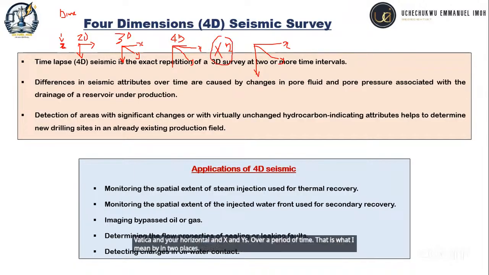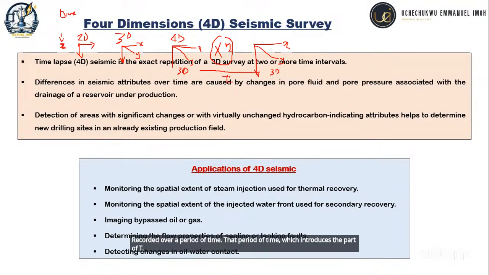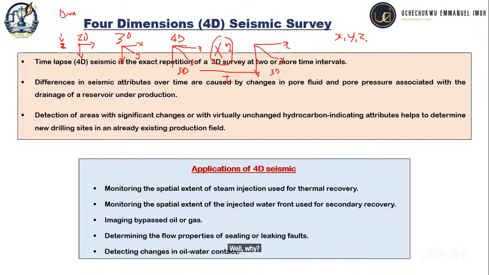So your 4D seismic simply means your 3D seismic over a period of time. You have two 3D seismic surveys recorded over a period of time. That period of time introduces the factor T, time, which is the fourth dimension of the 4D seismic data. So your 4D seismic data has your X, your Y, your Z, and your time factor. Okay? The time factor is what makes it four dimensions.